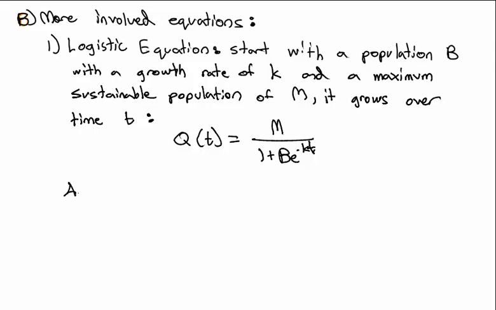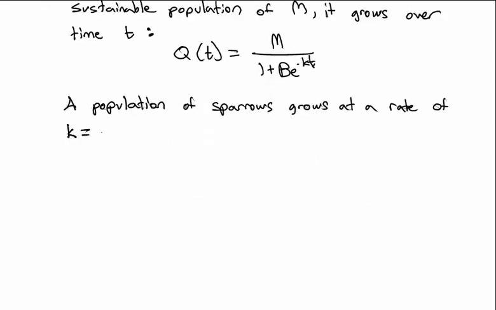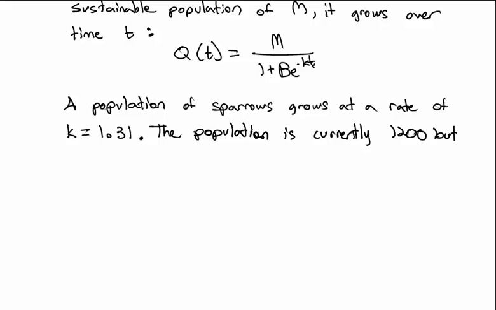So if a population of sparrows grows at a rate K equal to 1.31, and we're going to say the population is currently 1,200, but the system can support 2,400, twice that.